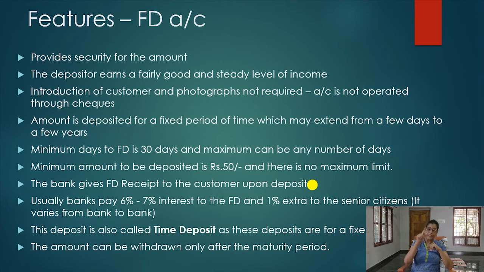Well, this fixed deposit receipt will contain the name of the customer, the date on which you deposited the amount, how much amount you have deposited, for what period, that means for 30 days or for 1 year or 5 years, what is the maturity date, when your amount will be matured, and what is the interest rate provided. So these are the details provided in the FD receipt.